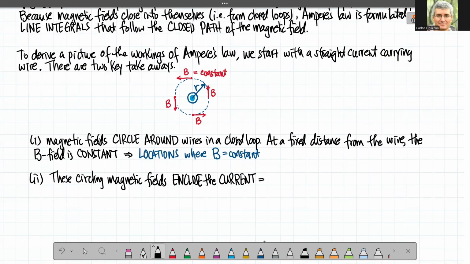In other words, what this is telling us here is that the path encloses the current, which we then define as I enclosed. So I could come in here and I could now say that this here is my enclosed current. So the path encloses that current.